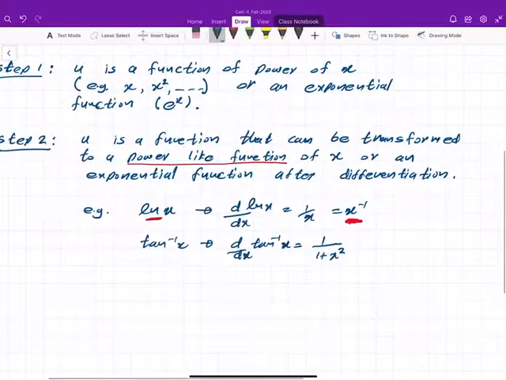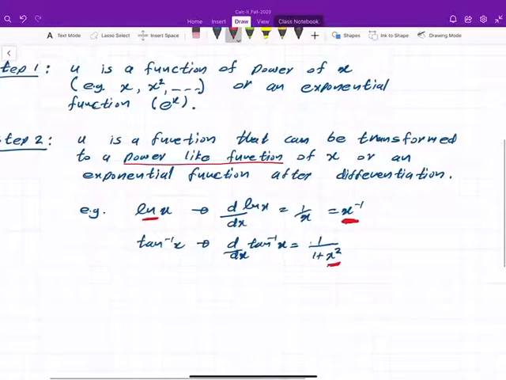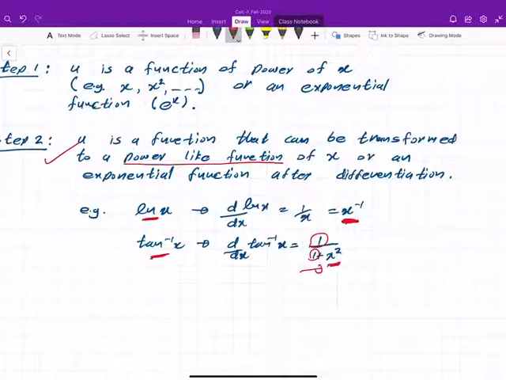So you can say this is also a power-like function, which is x to the power 2. It has a few other terms, but of course it's a power-like function. So you get a power-like function after differentiation of that, and it satisfies step number 2. So both examples satisfy step number 2.